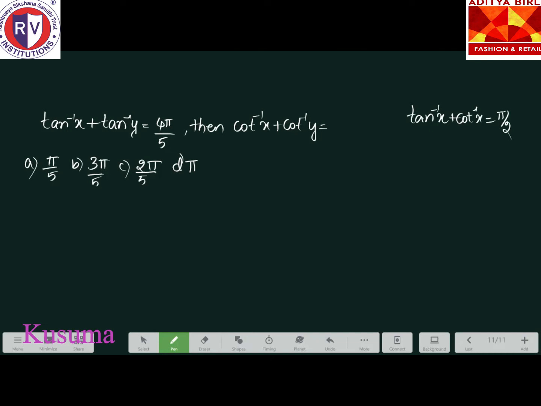So replace this tan inverse x by pi by 2 minus cot inverse x and replace this tan inverse y by pi by 2 minus cot inverse y. So in the LHS, keep this cot inverse x and cot inverse y, and shift all the other terms to RHS and simplify. If you don't understand, you can ask me.